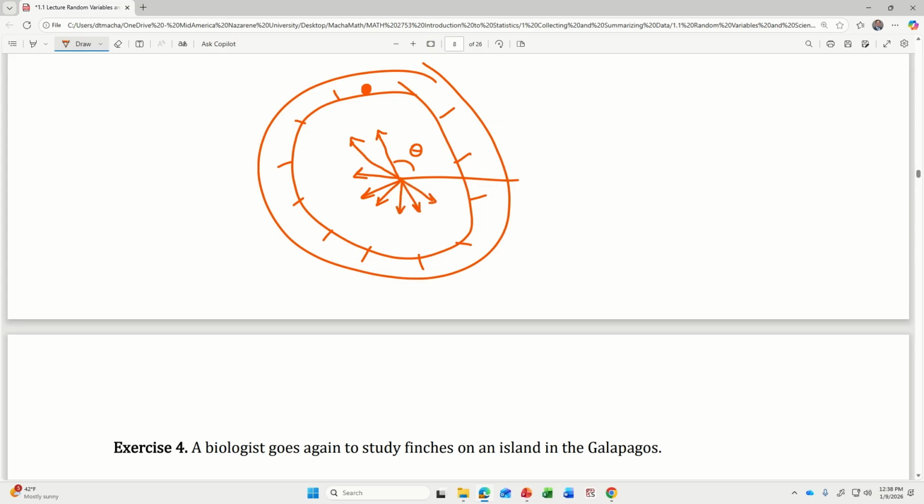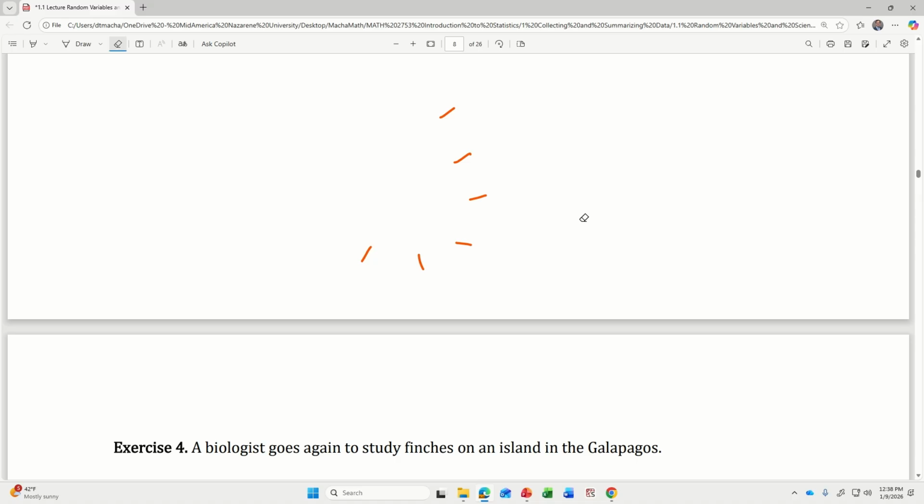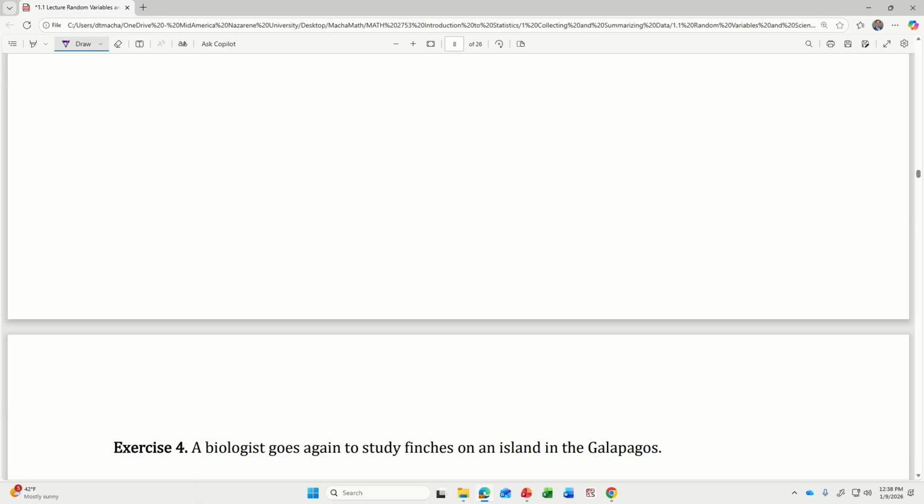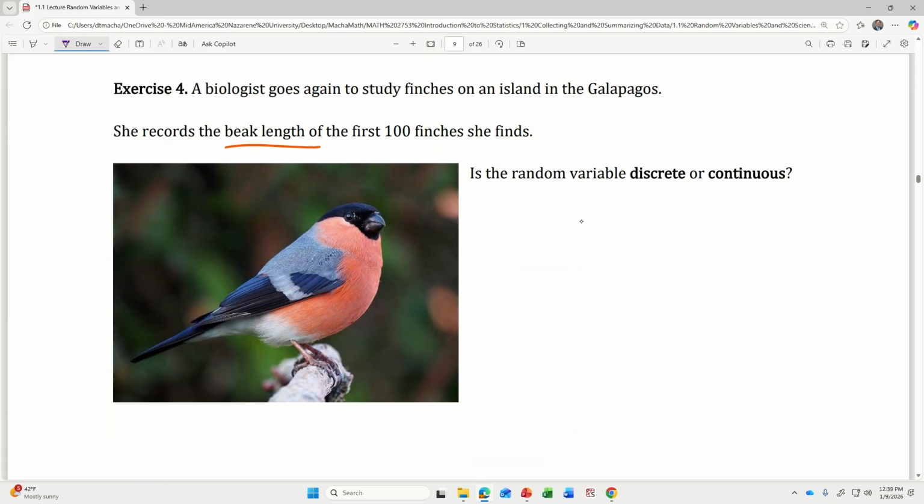Even though it's not an integer, there's still only a countable number of possibilities, and so it's still discrete. Now, you probably don't need to worry about it that much, because almost every time a discrete random variable is going to be a whole number, like a positive integer, but it's not necessarily the case. You can still have a countable number of outcomes if it's not an integer variable.